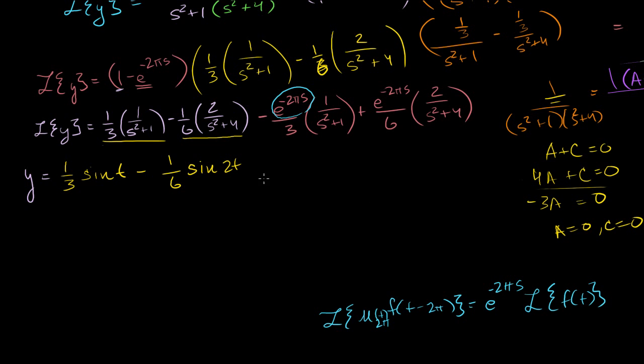So if we view f of t as just sine of t or sine of 2t, then we can kind of backwards pattern match, and we'll have to shift it and multiply it by the unit step function. So I want to make that clear.